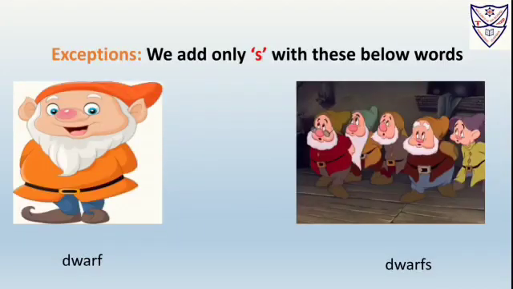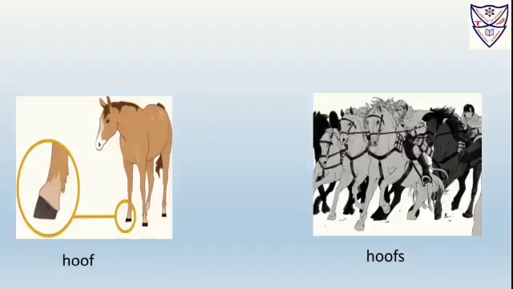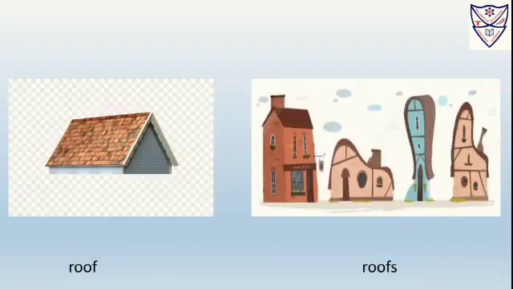Now we say these are the exceptions. Though the word ends with F, we will add only S with the words below. These are the exceptions. So dwarf, dwarfs. Gulf, gulfs. Hoof, hoofs. Roof, roofs.